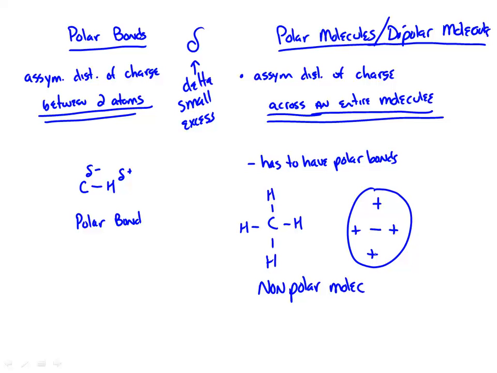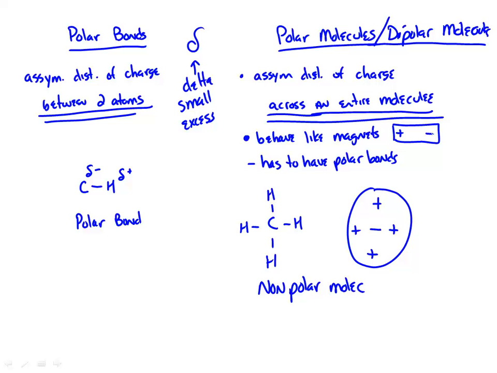The other way to think about polar molecules is they have to behave like magnets. They have to have one end that's clearly positive and one end that's clearly negative. If they have 2 ends that are positive and 2 ends that are negative, that's not a magnet. Magnets have one positive side of a molecule and one negative side of a molecule.